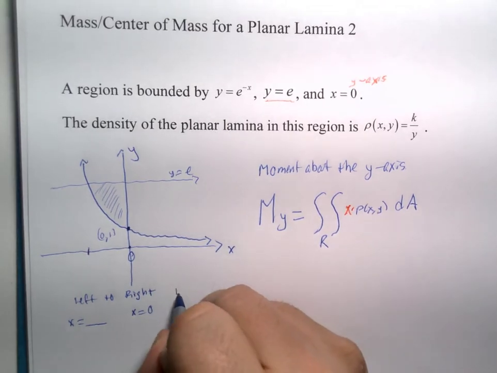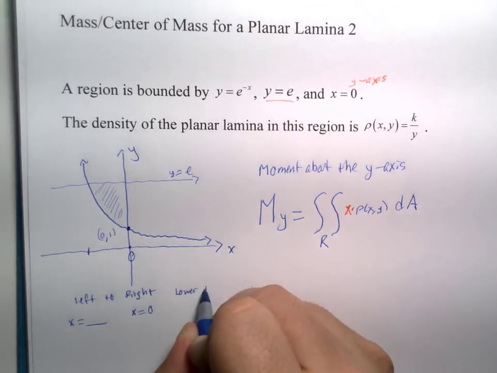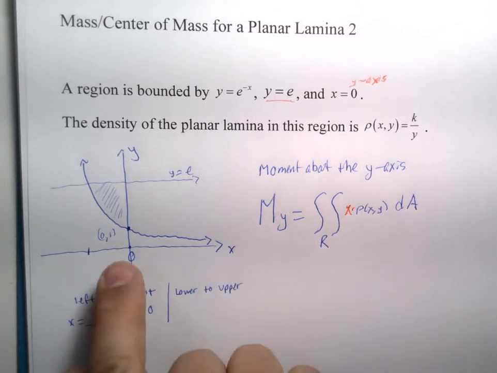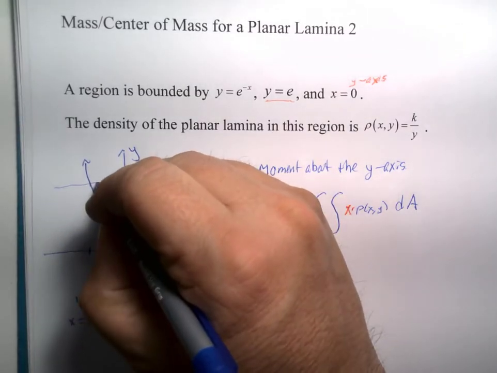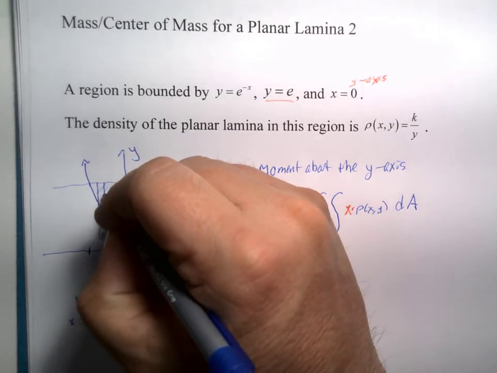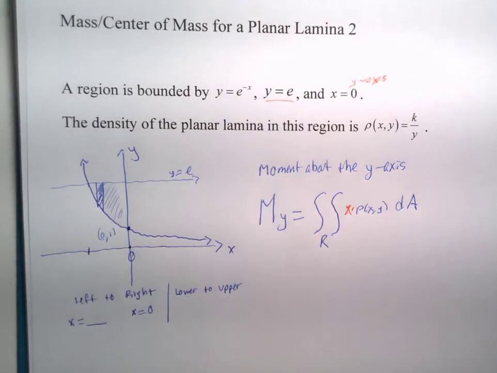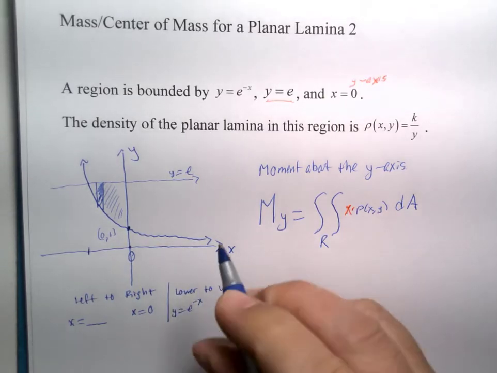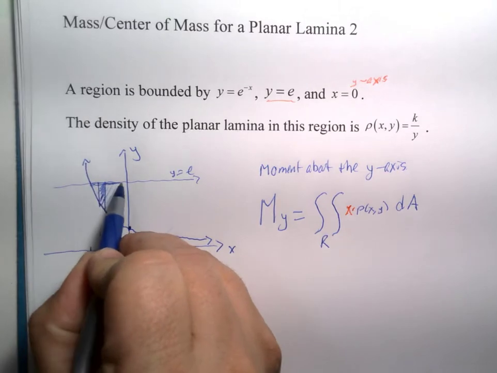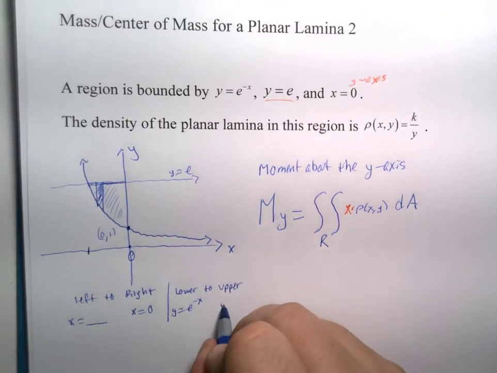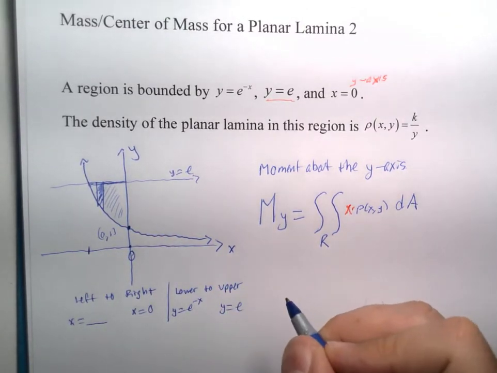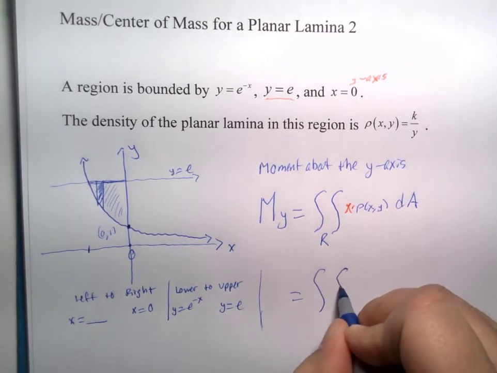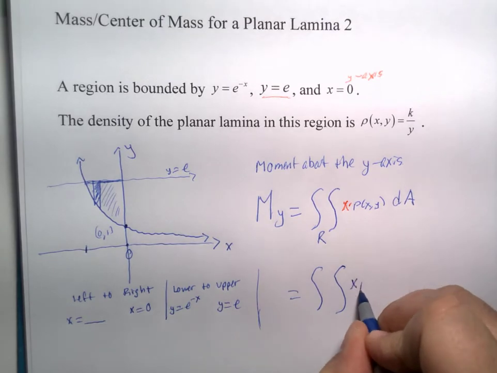And the lower boundary and the upper boundary, well, the lower boundary is my function. If I were to set up my rectangle like this, the lower boundary is the function, so that's y equals e to the negative x. And the upper boundary is also a function. It's the horizontal line, y equals e.